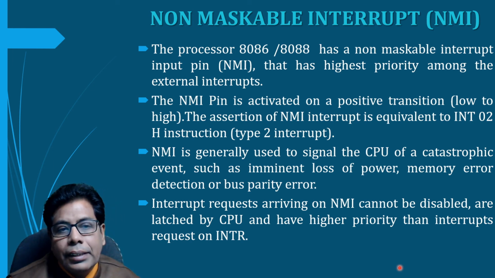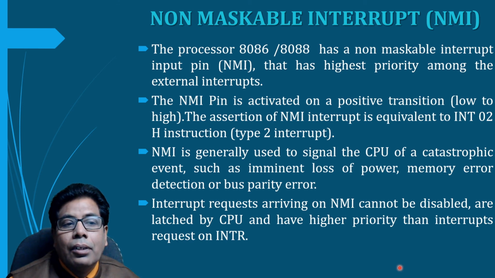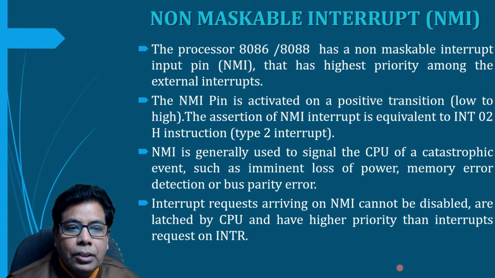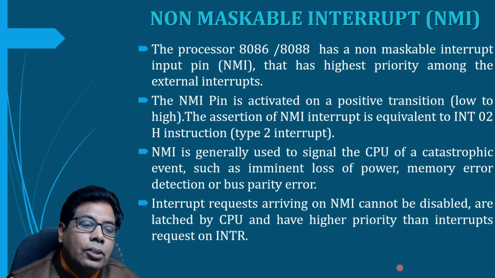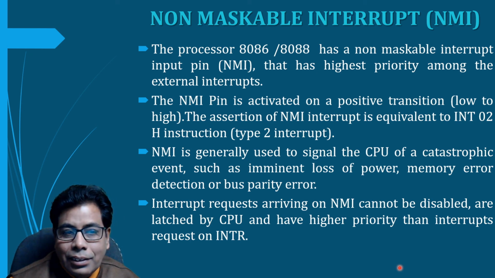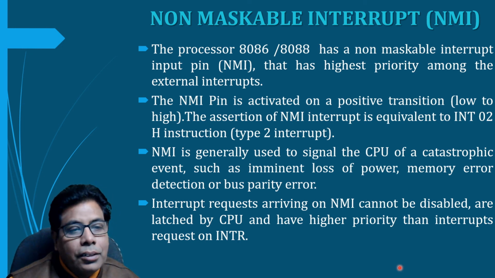Whenever there is a positive transition, low to high, it will be activated. This is equivalent to INT 02, a type 2 interrupt. So the INT 02H instruction and a positive transition, low to high, on the NMI pin, are the same.